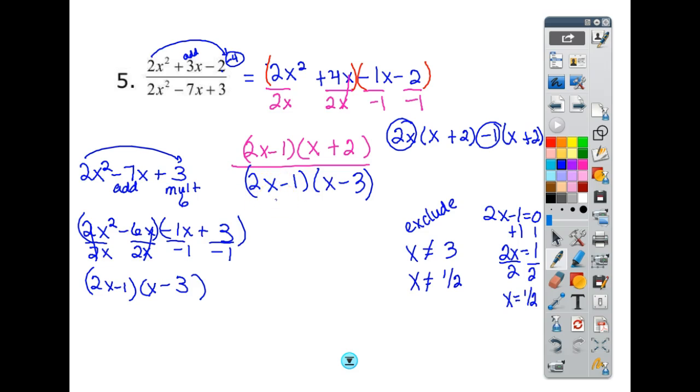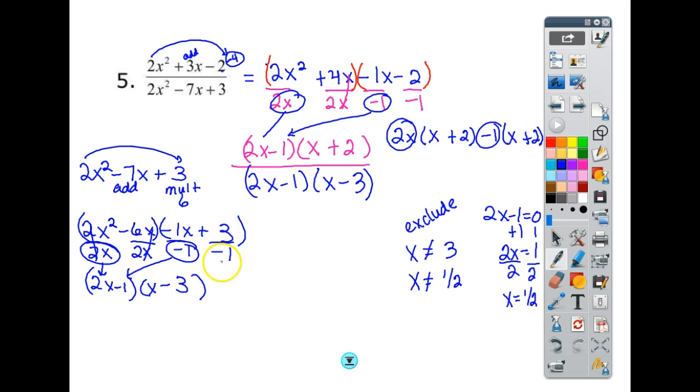Yes. This one? Oh, I took these two, 2x minus 1. Just like here. These two, x minus 3.